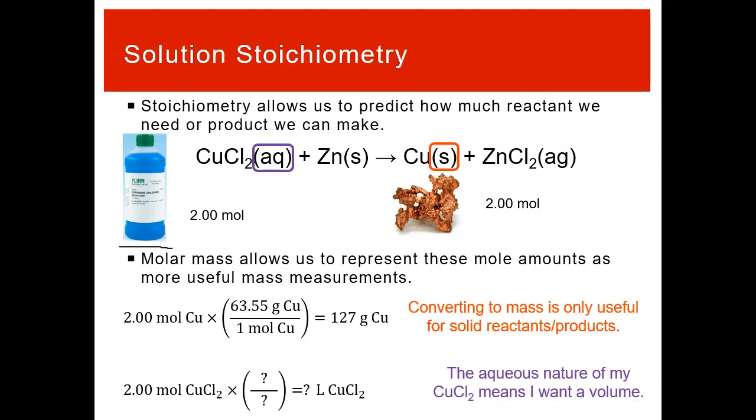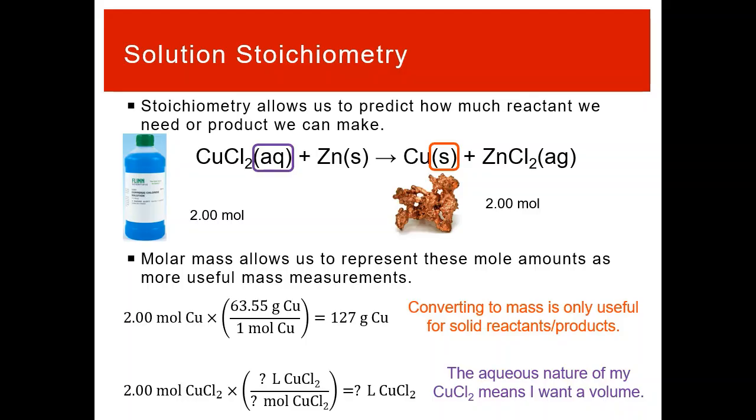A volume of liquid that I can measure out, say in a graduated cylinder, that I could then pour into my reaction mixture. I do need a target amount of moles of solute, but if I got a mass of copper 2 chloride, that's not a useful measurement. The whole point of using molar mass and converting into grams is to get a more useful measurement that I can then measure out on a balance. So I want volume for solutions.